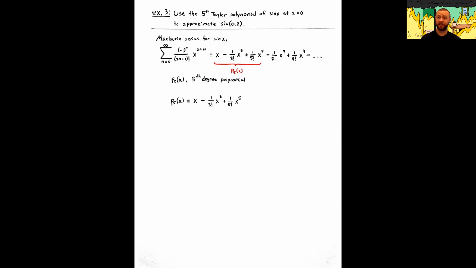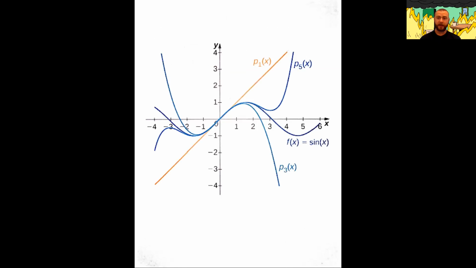Let's take a look at how this polynomial relates to the graph of sine of x. This might be a little bit hard to see in the colors, but the darkest shade of blue there, you can kind of see it, is the graph of sine of x. And then in orange is the first Taylor polynomial.